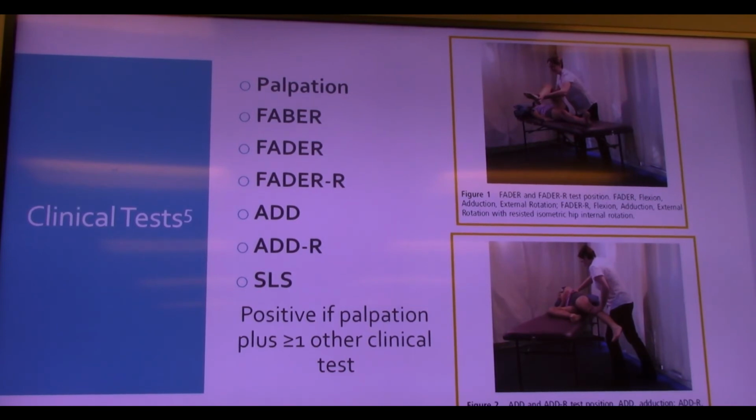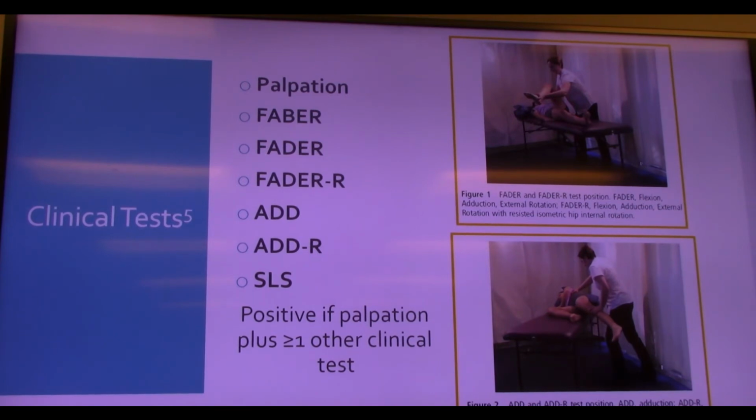They had adduction, so in figure 2 at the bottom, the patient was lying diagonally with their symptomatic side facing up, and they tried to keep the patient in neutral rotation, and then the examiner would put them into passive adduction, and then adduction again with resistance. So then the patient was asked to apply abduction against resistance applied by the examiner.